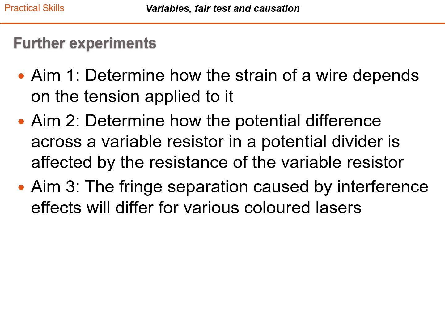And then I'd like you to write the variables that would be needed to prove the causation stated in the hypothesis with a fair test. Pause the video, and then when you're ready, unpause and compare your answers to the given answers. Don't forget, you are going to need to refer to the theory behind each experiment, and specifically the relevant formula to determine the correct approach. Pause now and continue when you're ready.